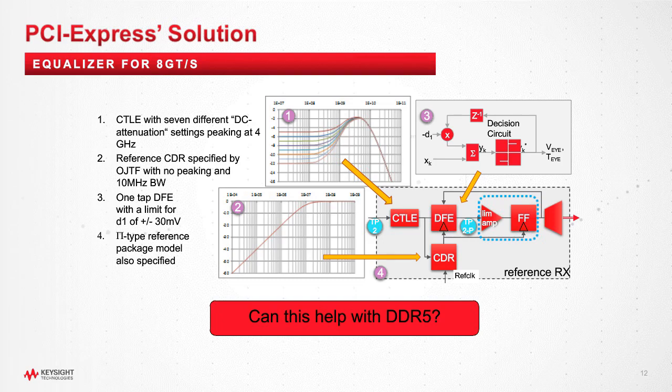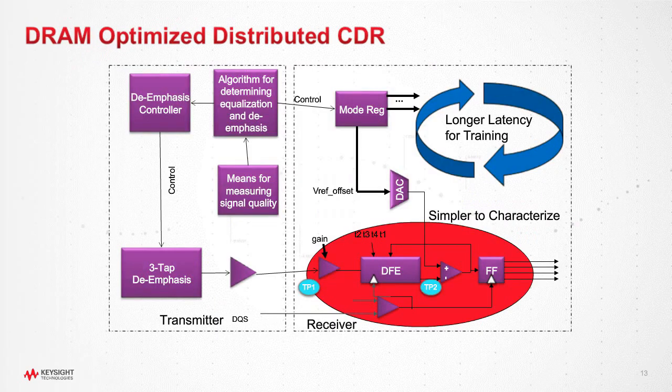And so here, this is what an equalizer-based DRAM technology might look like, where you've got the de-emphasis and equalization calculation values residing on the controller side, either in the state machine or firmware, along with the method of evaluating how good the eye is.